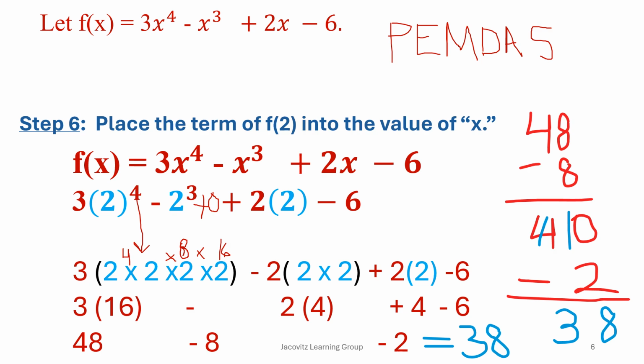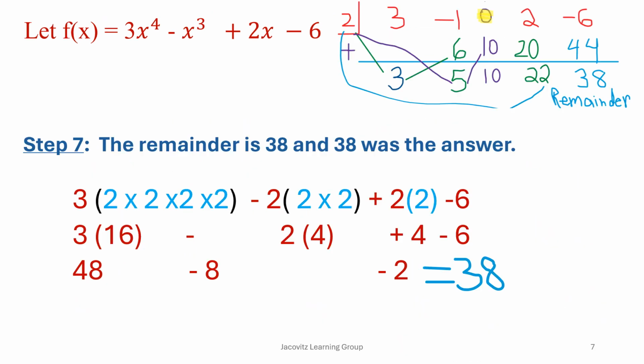Where did we get this minus 2? This is 2 times 4 is 8, and this is negative 6 plus 4 is negative 2. We got 38. Now, 38 is what is called our remainder. So we can go back and say, oh, it had to be right, because we had a remainder of 38 here, and when we put the value of 2 into the equation, we get 38.